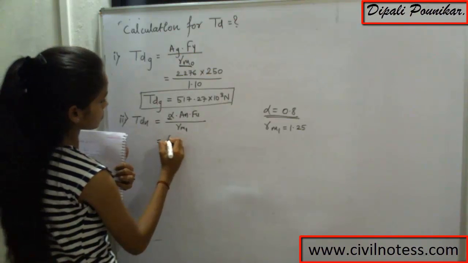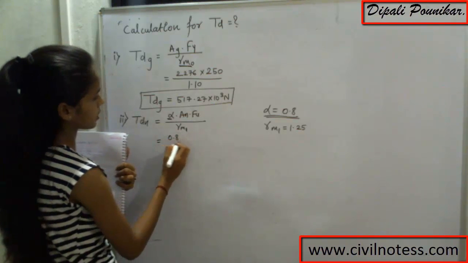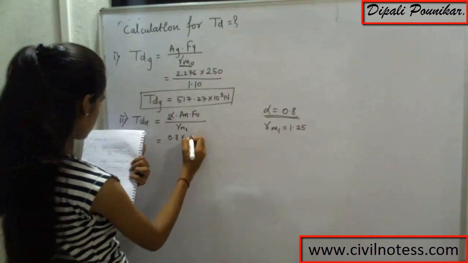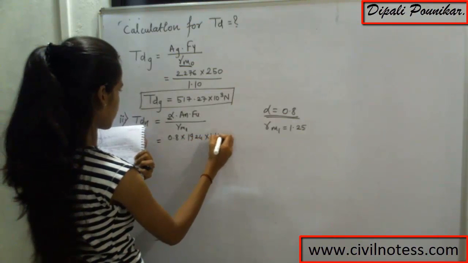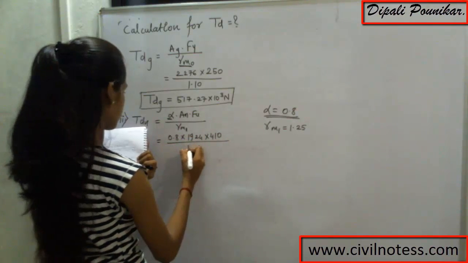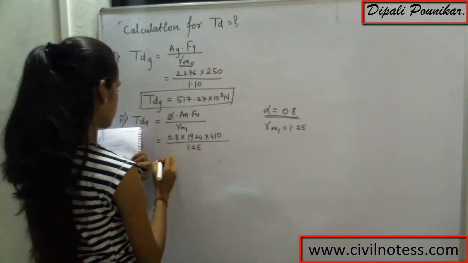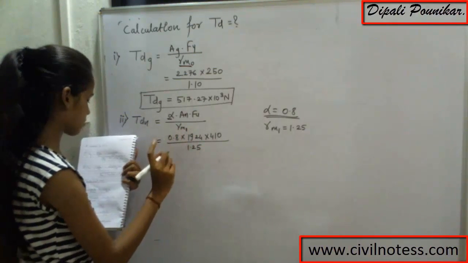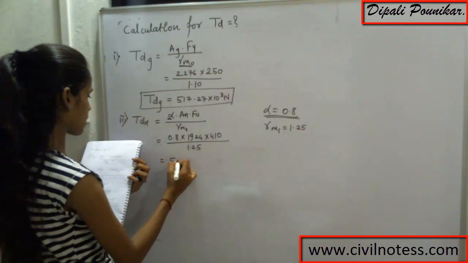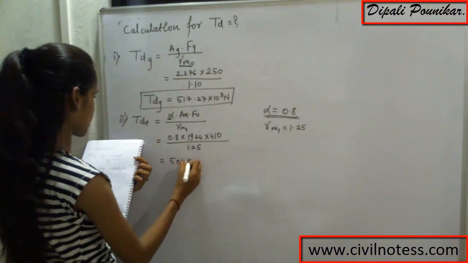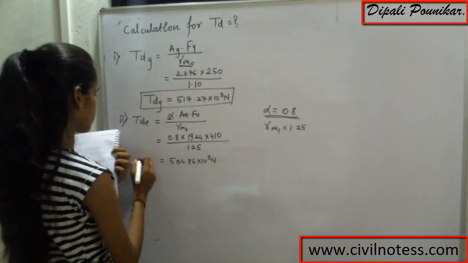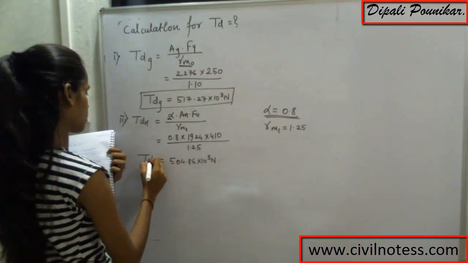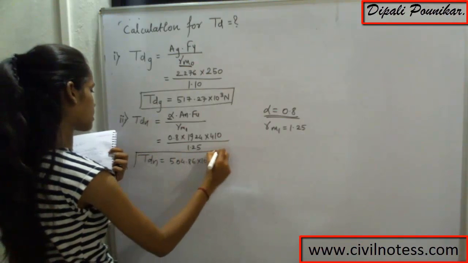So alpha is 0.8, AN is 1924 into FU 410 upon gamma m1 1.25. After calculating this equation, we get 504.86 into 10 to the power 3 Newton. The TDN is also calculated.